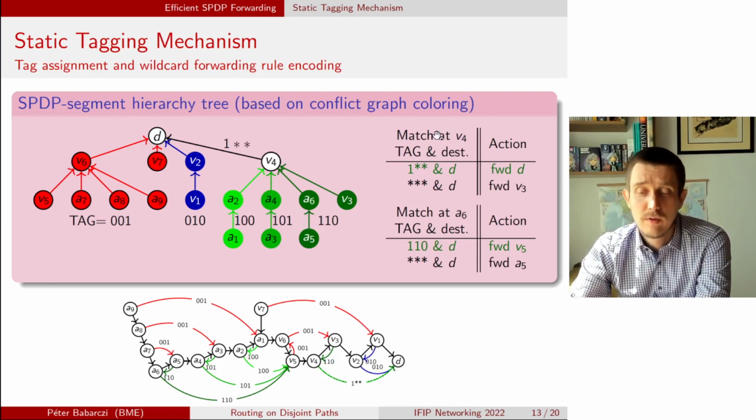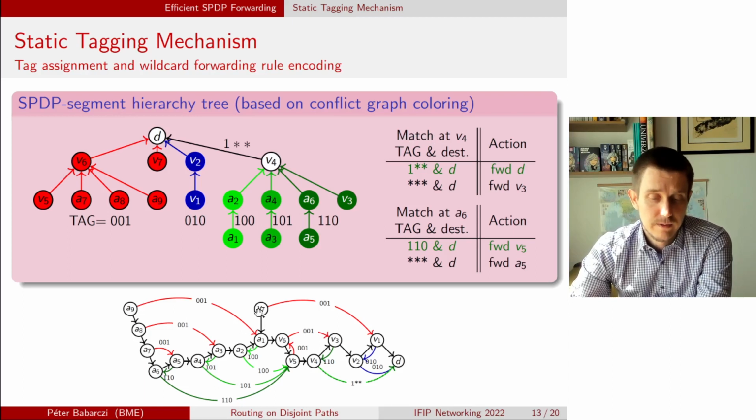forwarding table. So our match action for this example graph will be: if the tag value starts with 1, and the second and the third bit could be 0 or 1, we don't care, and the destination is D, then forward towards node D, which in this V4 link means this lower non-shortest path tree link towards destination D. And if the packet does not start with 1, we use the shortest path tree link, which from V4 will be V3.